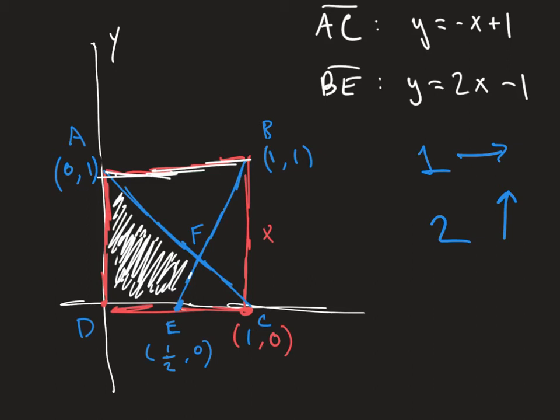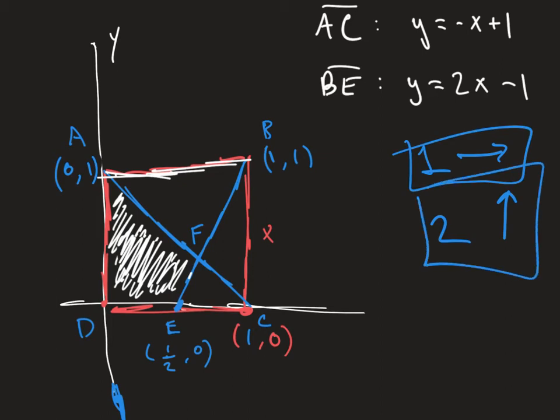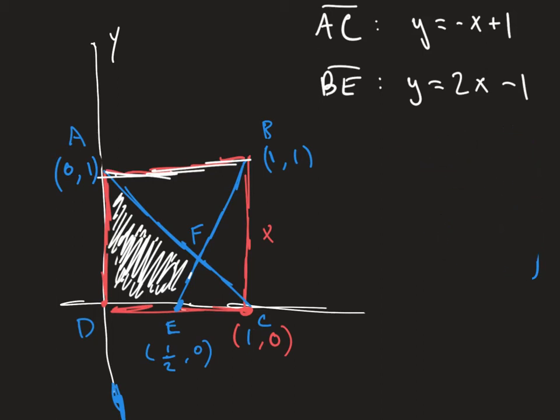So if we start at 0 for the x-coordinate and go over 1 unit to the right, we have to go up 2 units. And so we can see that the y-intercept is negative 1, because from negative 1, if we went up 2 units, we would get to 1, which is the coordinate of B.